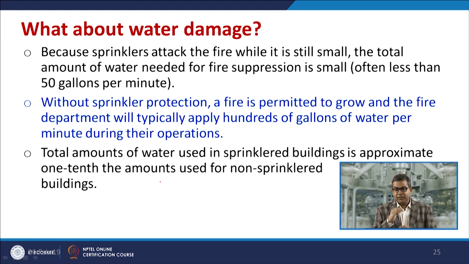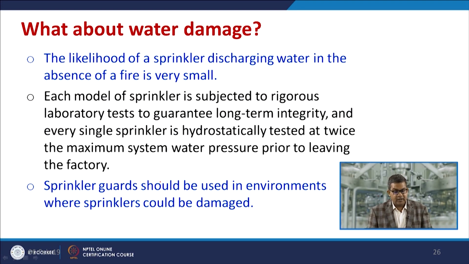So you can say that sprinkler systems are the first course of safety. The total amount of water used in a sprinklered building is approximately 1/10 of the amount used for a non-sprinklered building. So you can see that the water damage is not on the higher side.